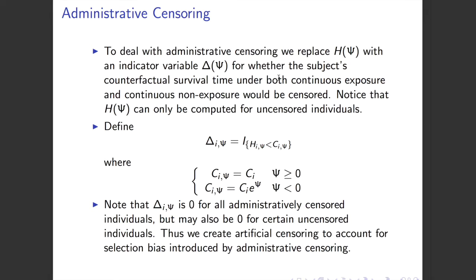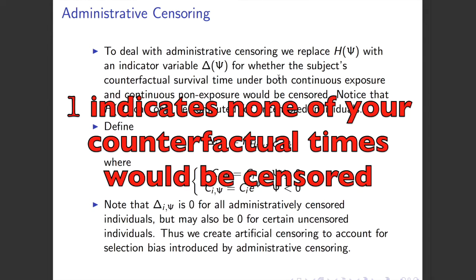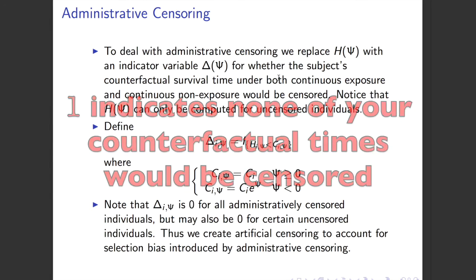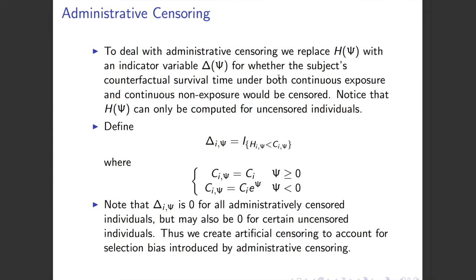Actually, in that case, delta is 0, I'm sorry, because you're censored in that counterfactual setting. It would only be 1 if, say, someone had entered at 3 years in a 10-year study, and they were treated continuously throughout, and they reached failure time after 3 years, so before administrative censoring.